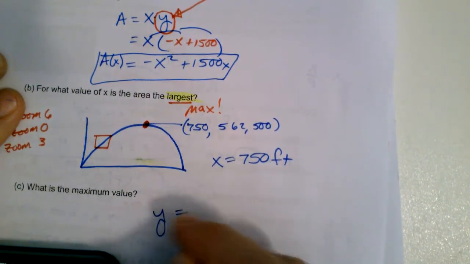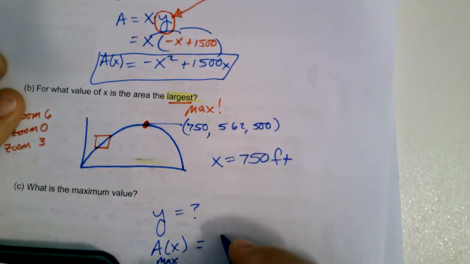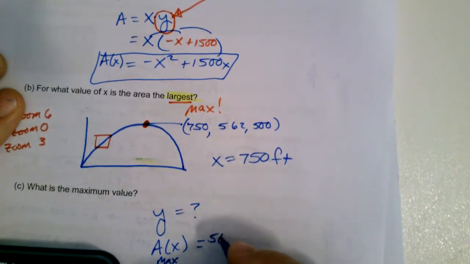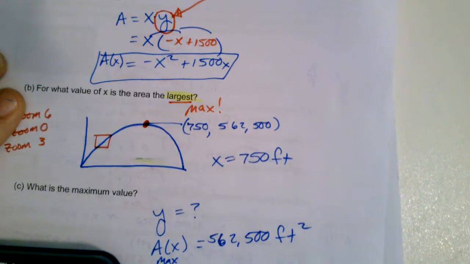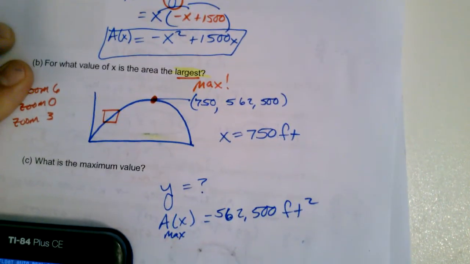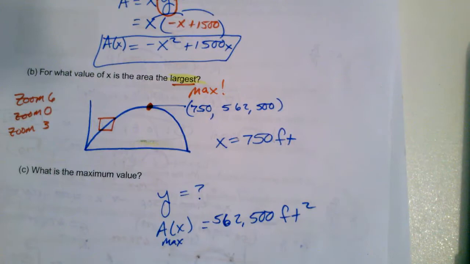What's the y value? So my max area was 562,500, and area is in feet squared here. Okay. All right, ladies and gentlemen, I am officially done.